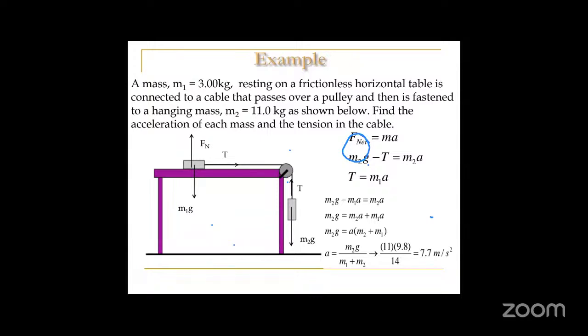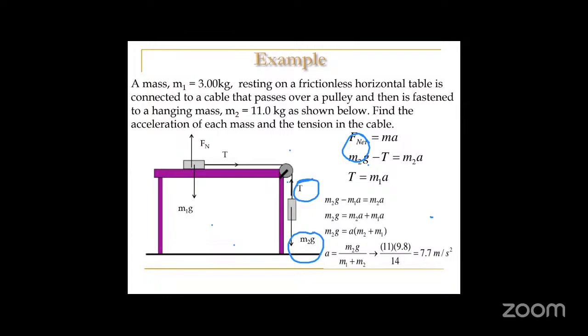How do we know which one is the greater force? The direction of the object shows where the greater force lies. Since the object is coming down, M2G is the greater force. So M2G minus T, tension, is the smaller force. M2G minus tension will give us MA.